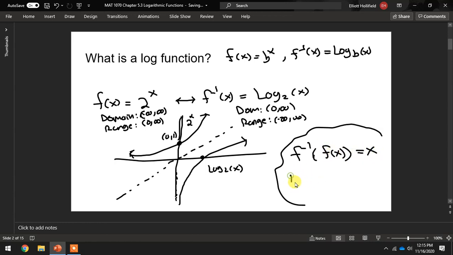That says that the log base b of b raised to the x power is equal to x, and that b raised to the log base b of x is equal to x. These are key properties that we will need in order to solve expressions involving logarithmic and exponential functions.